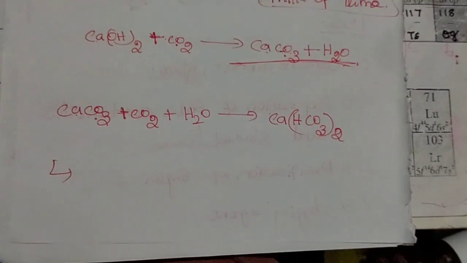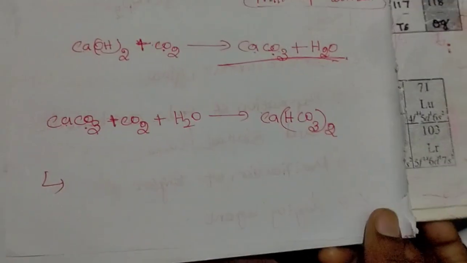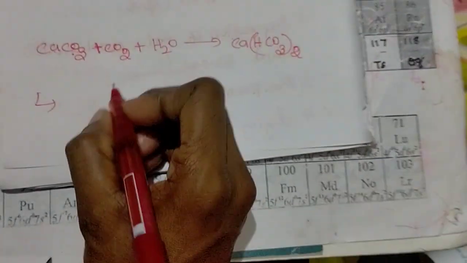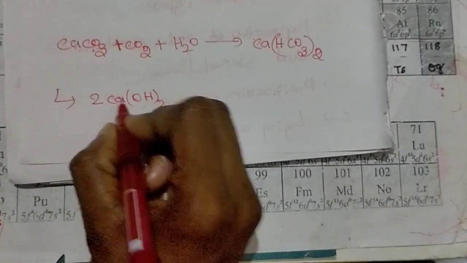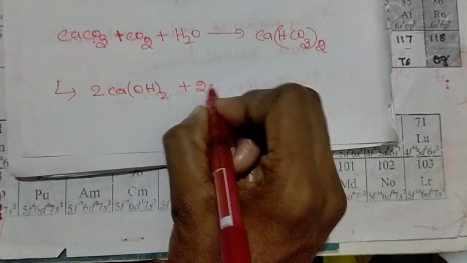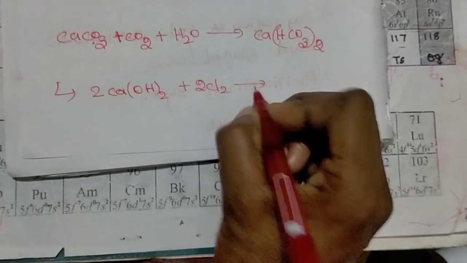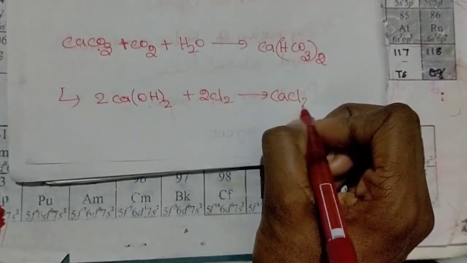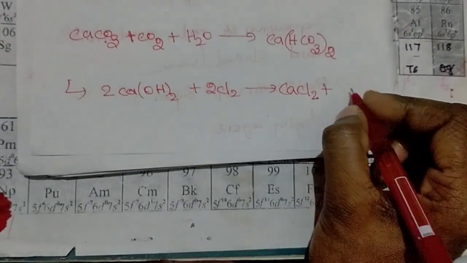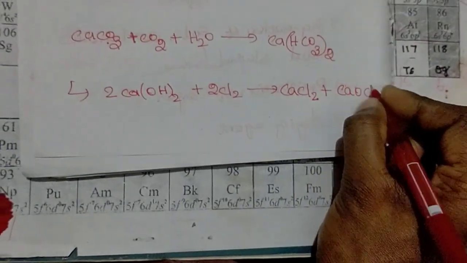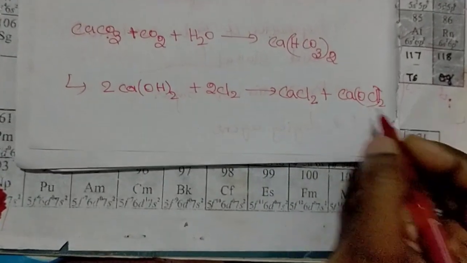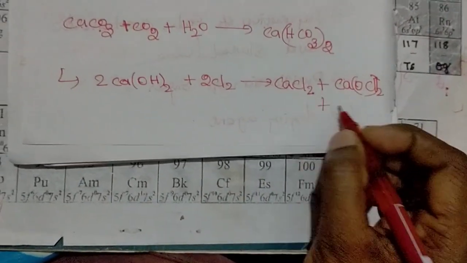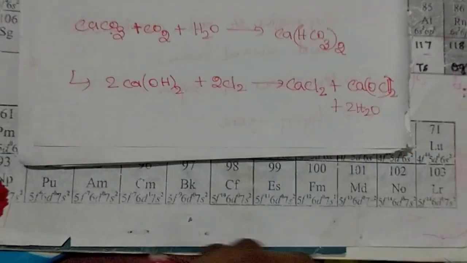The formation of this hypochlorite is 2Ca(OH)2 combined with Cl2, forming CaCl2 and Ca(OCl)2 plus 2 molecules of H2O.